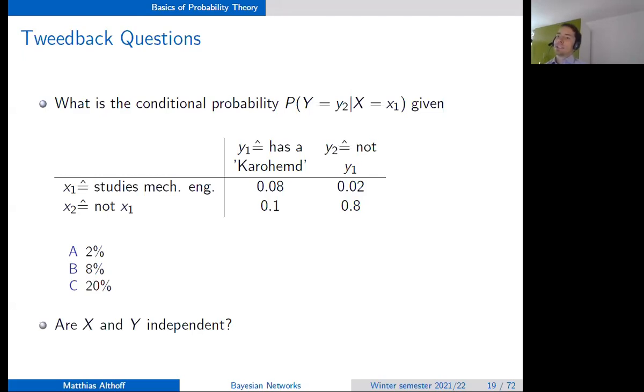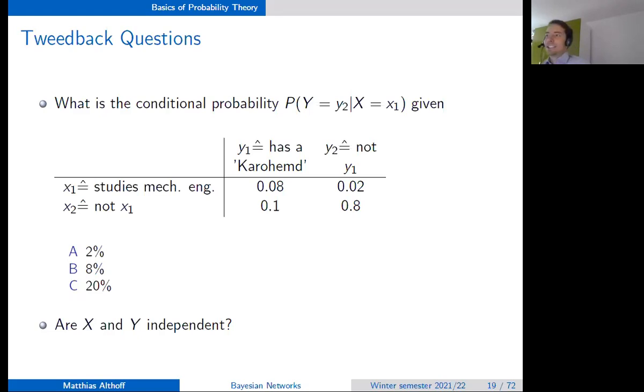Okay, the next question is, are X and Y independent? So this would be a yes or no question. Now 80% chooses no. Yeah, that's correct. So how can we see this?